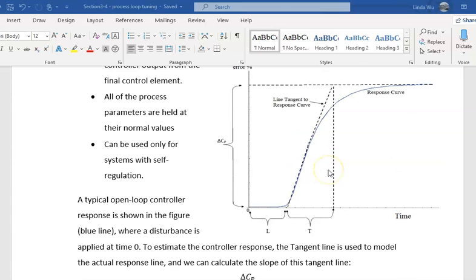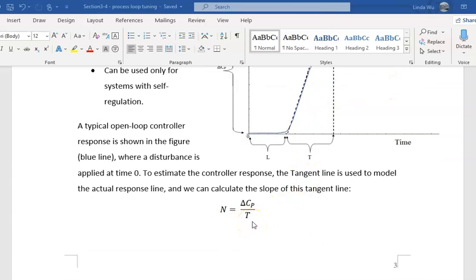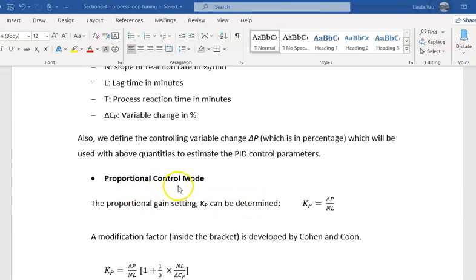Once we have these, you can see this is the response line, a tangent line to the response curve. And then we calculate N.